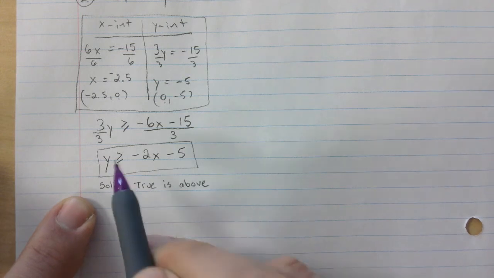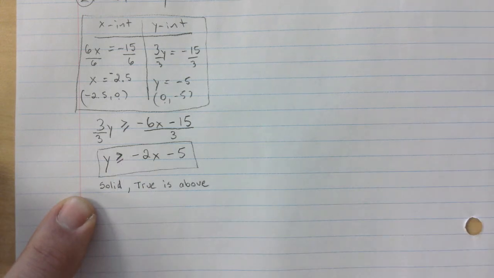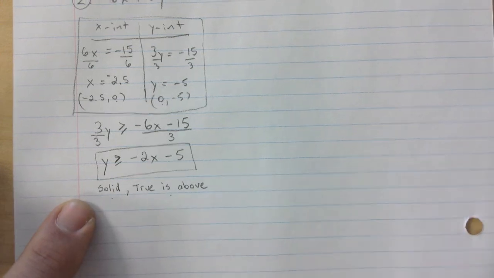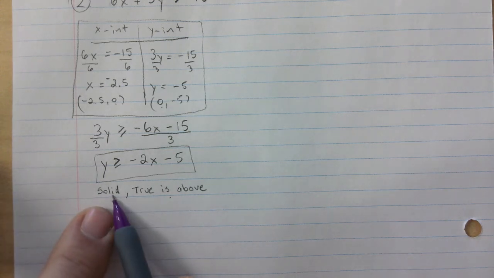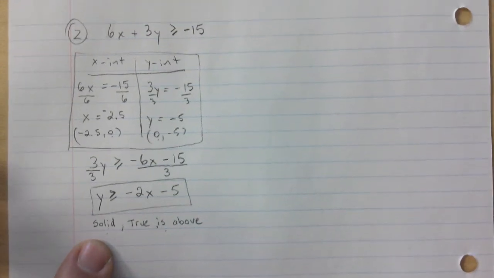Does that make sense? Because if it's y is greater than, we know that the true region is above the line. So make these two notes for yourself, because imagine you have three different lines that you're graphing. You can quickly come back and say, okay, this one is a solid line, and the true region is above the line. Then you're going to go and graph it.